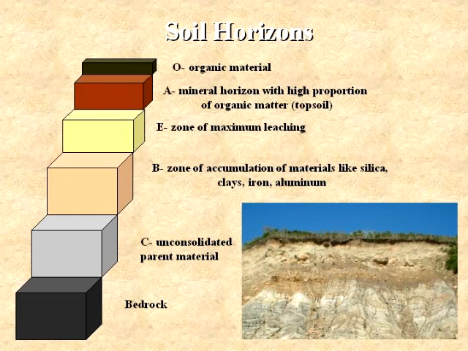The stuff that underlays all this is called the parent material, which is largely chemically unchanged from its original state, and it consists of primarily unconsolidated material. The deepest layer of all is the bedrock.